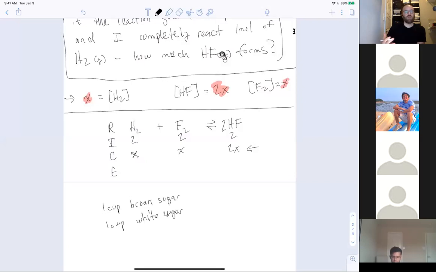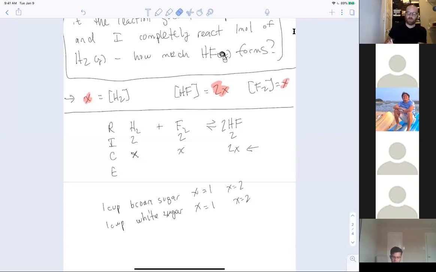I'm going to use 2 cups of brown sugar and 2 cups of white sugar. If I want to triple it, I'm going to use 3 cups of brown sugar and 3 cups of white sugar. The ratio between these, I could call that X, and this would be X. So if X equals 1, then this also equals 1. If X equals 2, then this also equals 2.